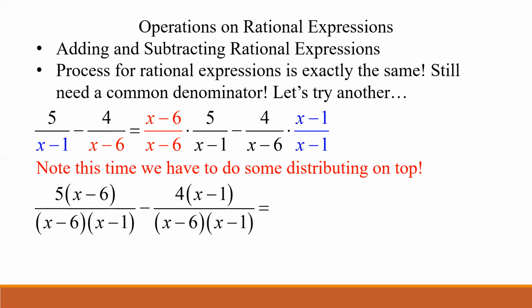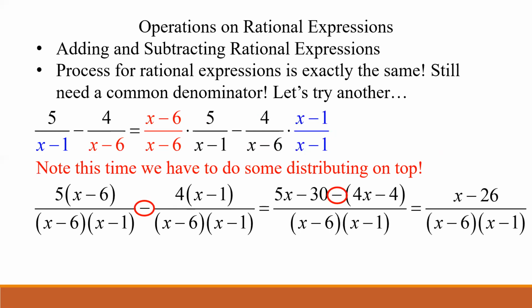Now, the only thing you've got to watch out for when you do the distributing is that minus sign. So the first fraction, nothing crazy, 5x minus 30, that's fine. And then the second one is 4x minus 4 when you distribute the 4.